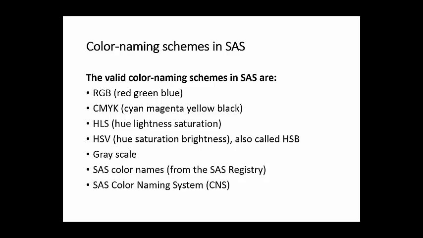There are a variety of valid color naming schemes in SAS, including RGB, CMYK, HLS, Grayscale, SAS color names, and SAS color naming system. Grayscale and SAS color names are easy to use, and we are going to talk about them today.